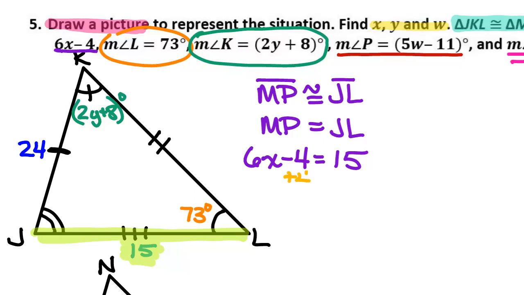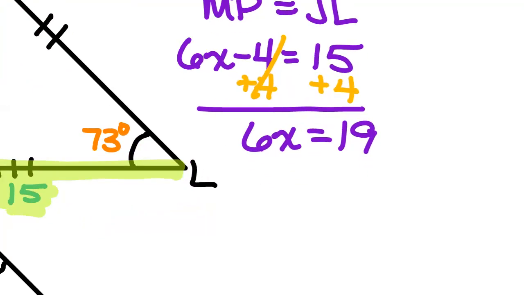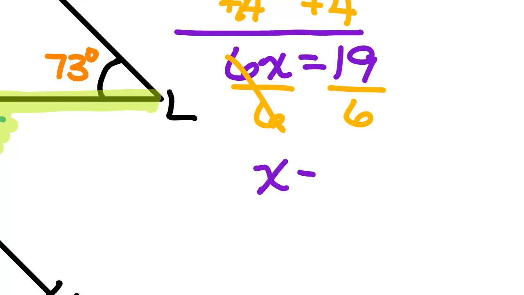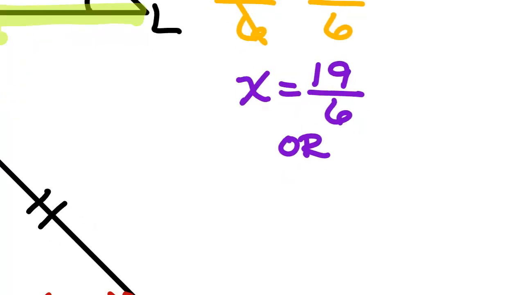I'm going to add 4 to both sides. So I get 6x equals 19. And then we divide both sides by 6. Does 6 go evenly into 19? No, so you can leave it as the fraction 19 over 6. Or you can write it in its decimal form.